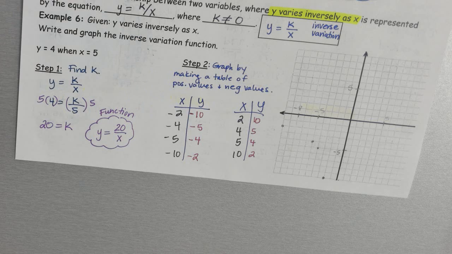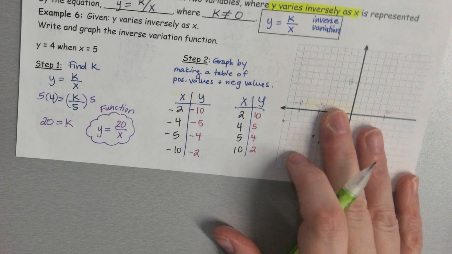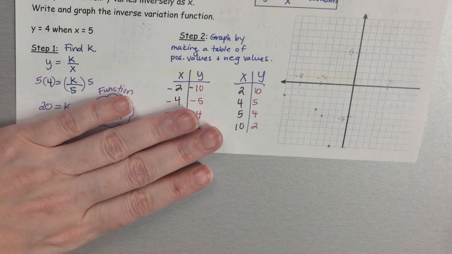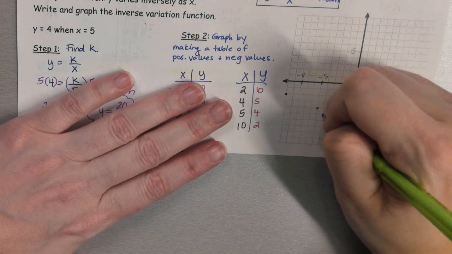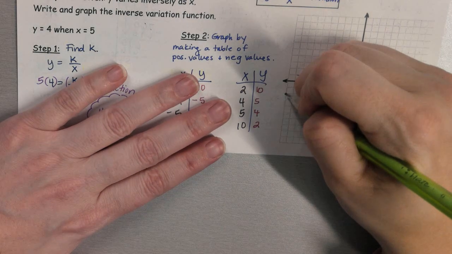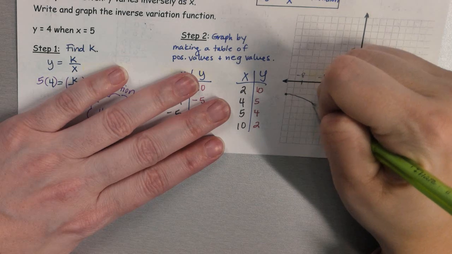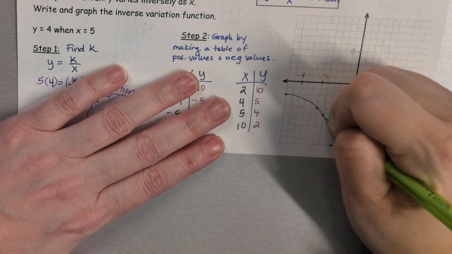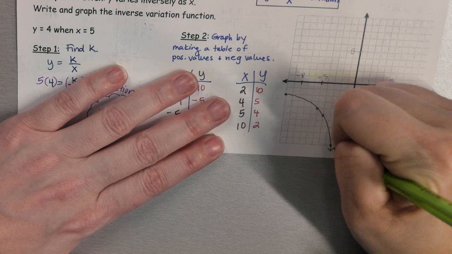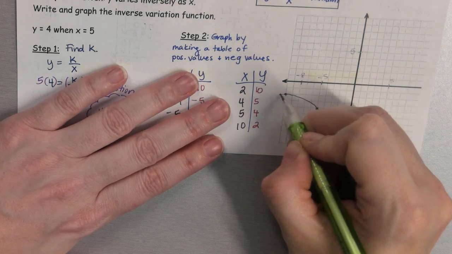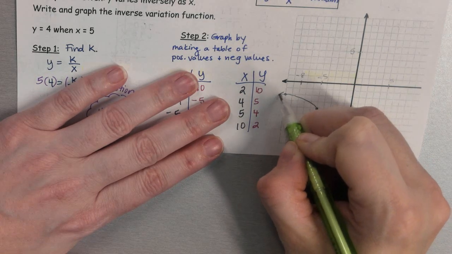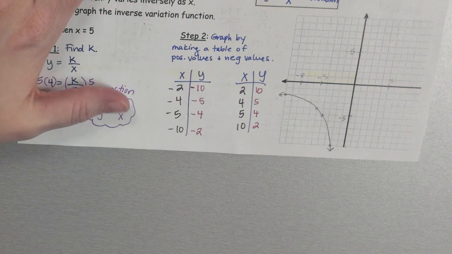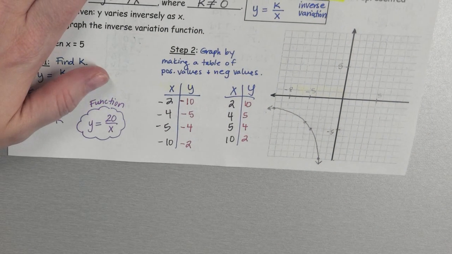Okay, so you have these 4 points. Now these 4 points, we're going to connect them with a curve. I did a good job last hour. Let's hope I can keep my streak going. All right, and then draw your arrows on each end here. That's part of the graph.